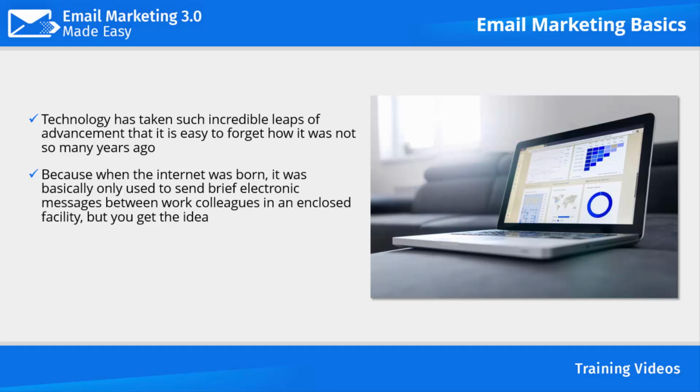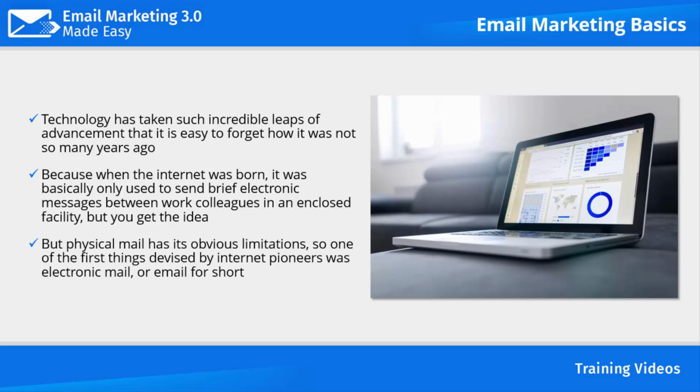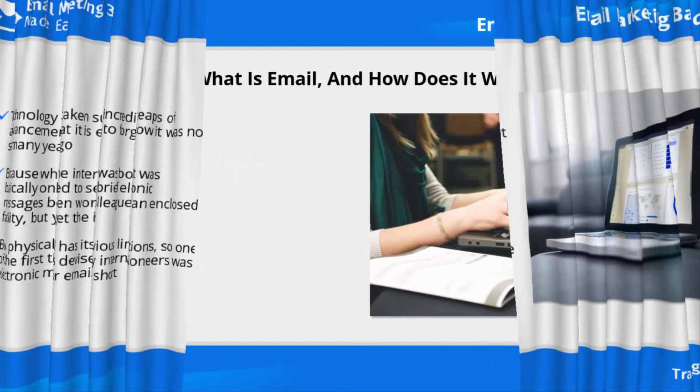But you get the idea. Before that was possible, people who were apart by circumstances and distance could communicate with each other with written correspondence sent through postal offices. But physical mail has its obvious limitations. So one of the first things devised by internet pioneers was electronic mail, or email for short.